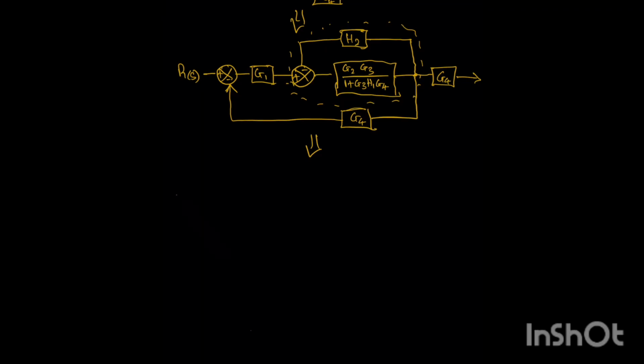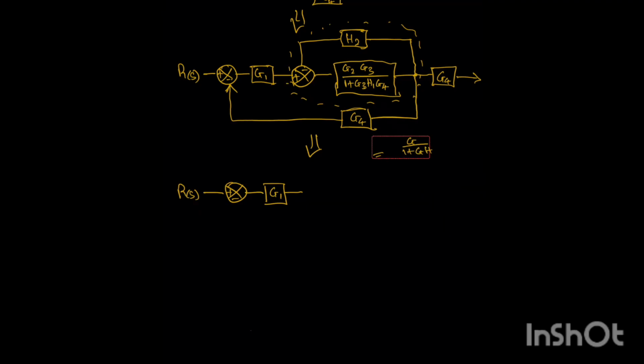We have R of x plus minus. We have G1. So in resolving this now, remember, don't forget the formula for a negative feedback is G all over 1 plus GH.